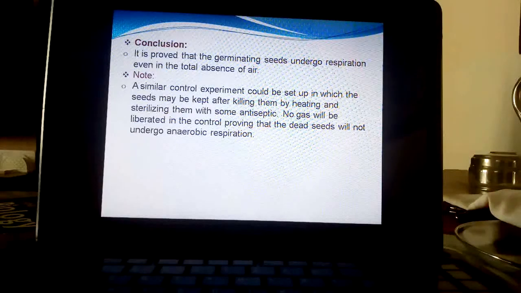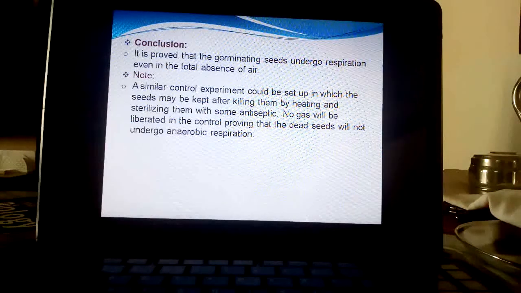It can also be conducted with the help of boiled seeds in the same way, children. When you take boiled, dead seeds, that is called the control set. Now we'll go for the conclusion. It is proved that germinating seeds undergo respiration even in the total absence of air.